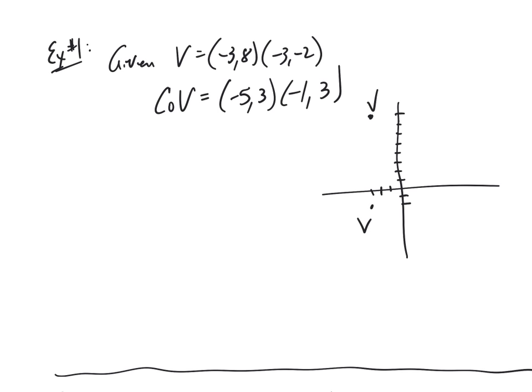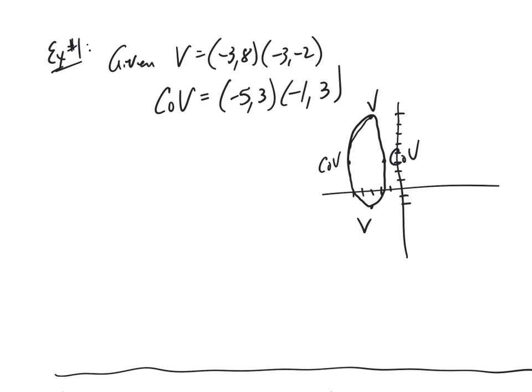And then the co-vertices are at (-5, 3) and (-1, 3). So you'd have a little picture of the vertices and co-vertices, and of course you don't need it, but you can get a feel for what the ellipse would actually look like. It would be just ballpark, something like that.